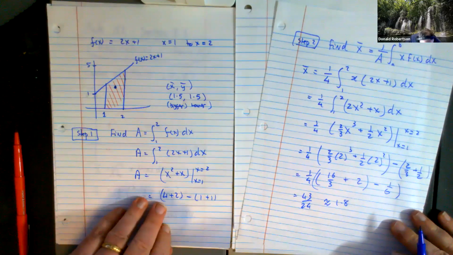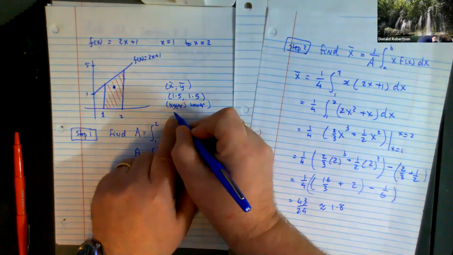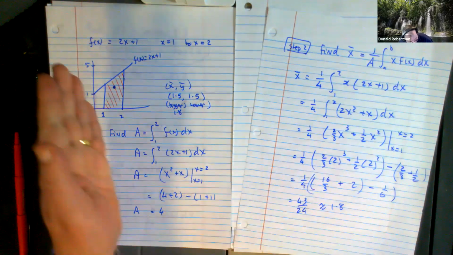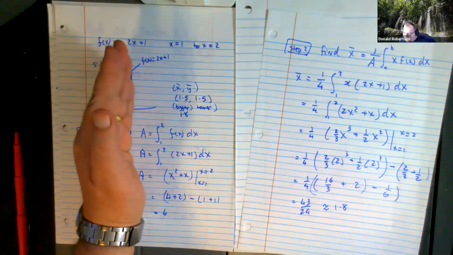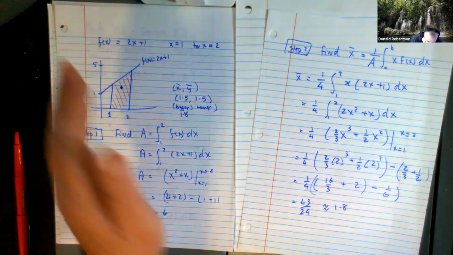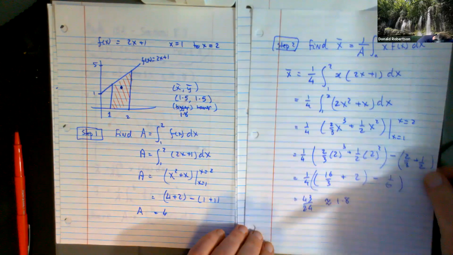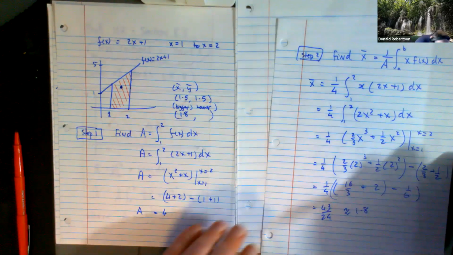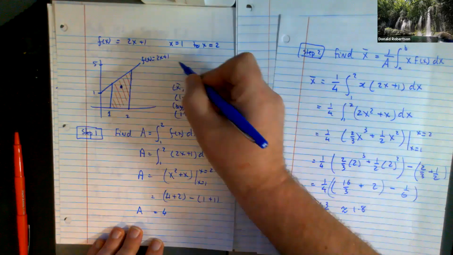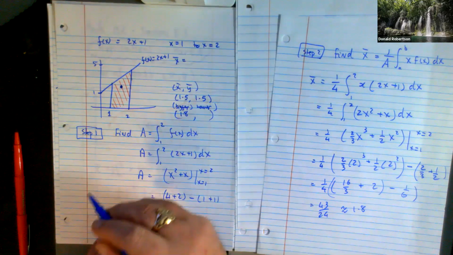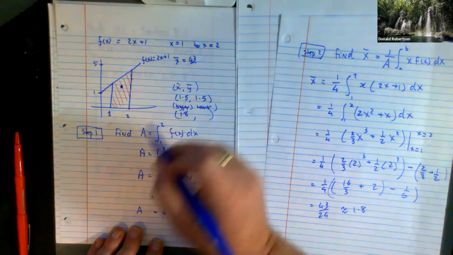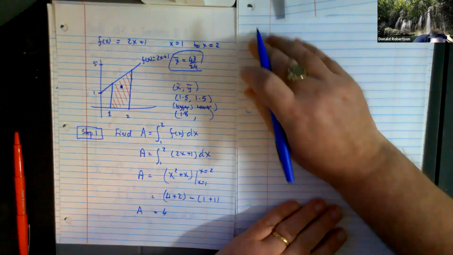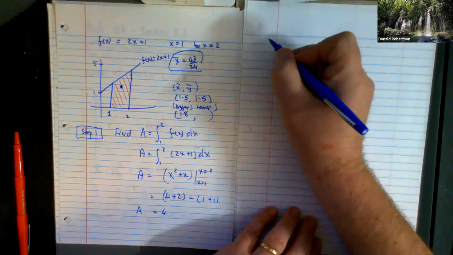Oh, so the person who thought it should have been a bit bigger was right. It should have been more than 1.5. And I think the argument he gave was good. You know, there's more to the right than there is to the left. And that is x bar done. There's x bar. Well, technically speaking, they want the exact value, so I'm going to have to call it that. Okay. Now the final step, not surprisingly, is to find y bar.